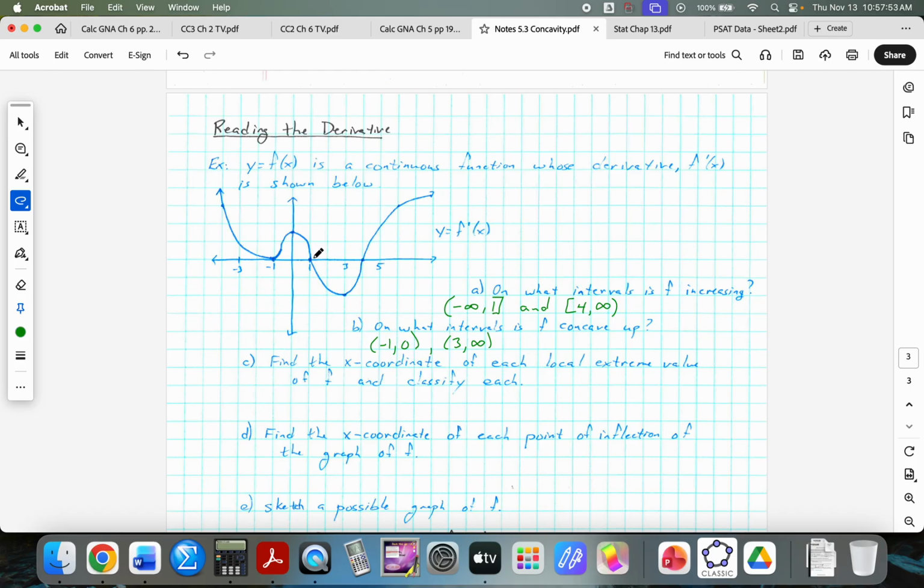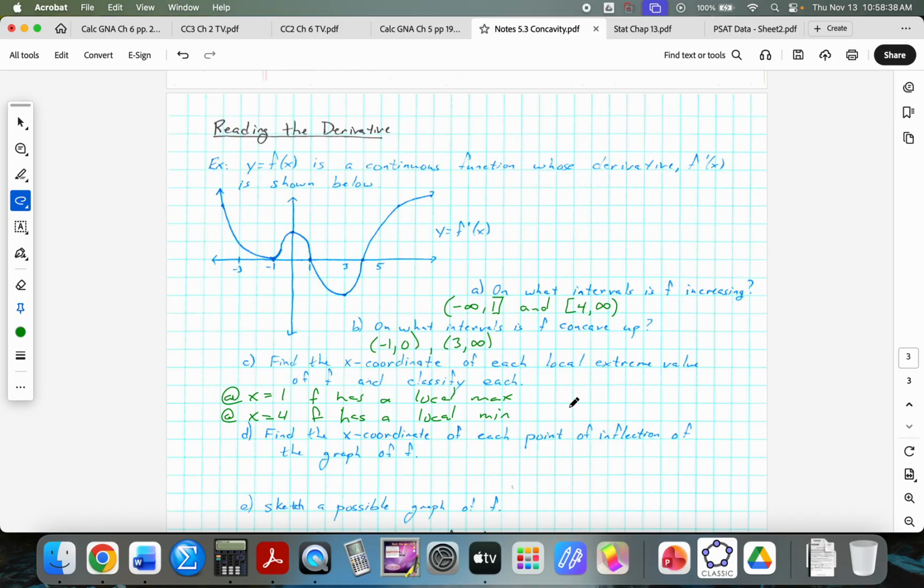So what do we have on the graph of f at x equals 1? A local maximum. And what about at x is equal to 4? A local minimum.